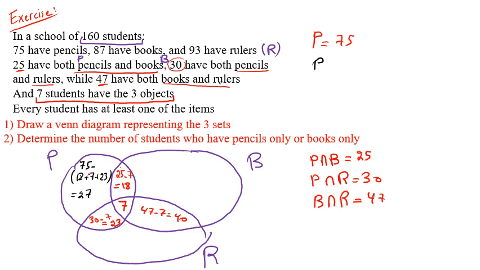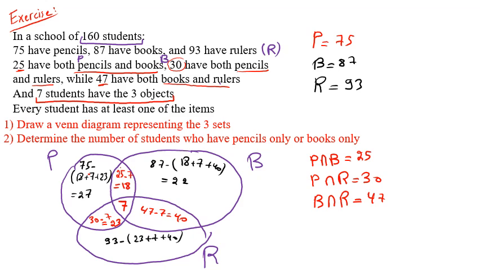All of the books are 87, so we make here 87 minus 18 plus 7 plus 40. 18 plus 7 plus 40, the answer is 65. 87 minus 65, the answer will be 22. And last one, the rulers are 93, so we put 93 minus 23 plus 7 plus 40. 23 plus 7 plus 40, the answer is 70. So 93 minus 70 is equal to 23.